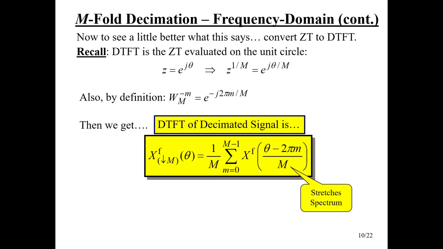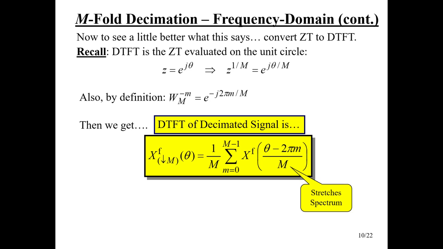So if we do all that, we get to the DTFT of the decimated signal. And here you can see I am using a new superscript. That just means that this is the DTFT of the signal. Remember, I used a Z superscript to show the Z transform. Here I'm using a superscript F to capture the F in the Fourier transform, and it's discrete time, so that's why it's the DTFT.